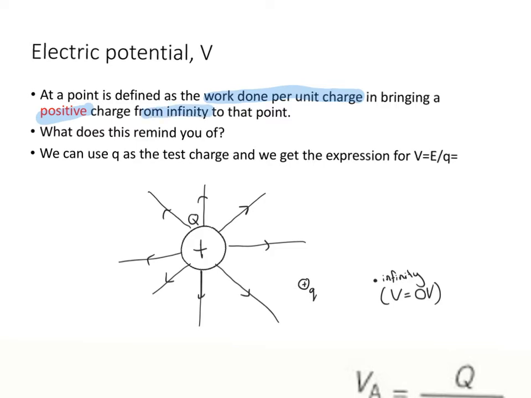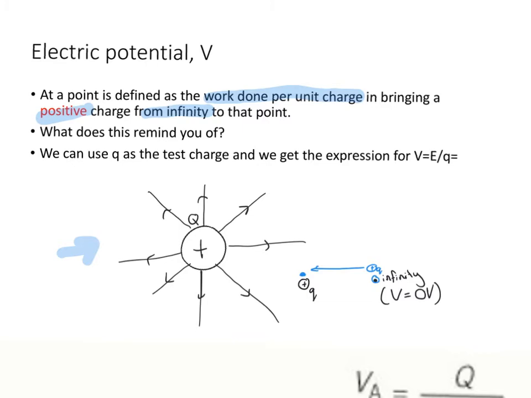So if we look at the diagram here, if we had a positive point charge at infinity, we need to do work against the field in order to move it to a specific point, let's say this point. If I wanted to move this positive test charge to this point, I'll have to provide it with energy, and that's the energy per unit charge of the positive test charge that I'm using.